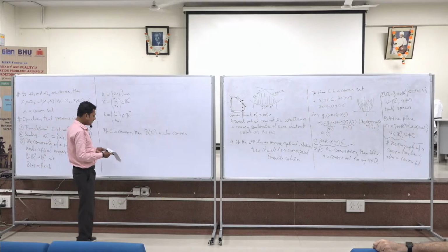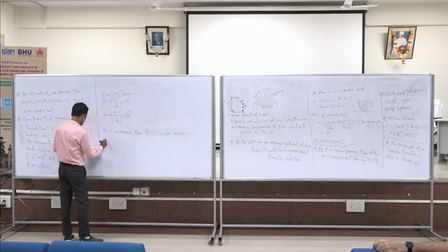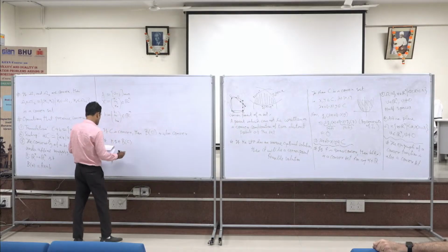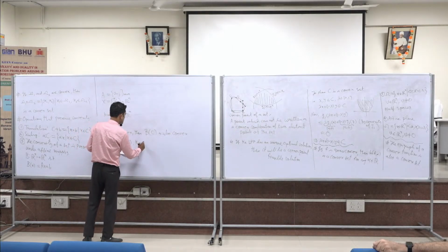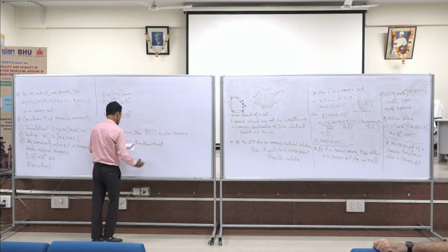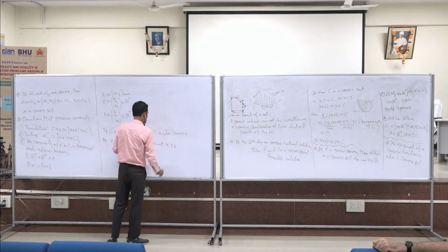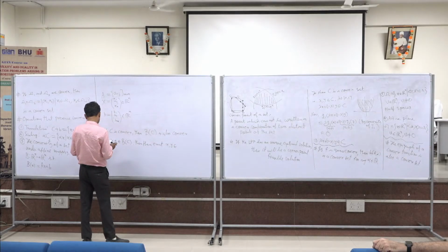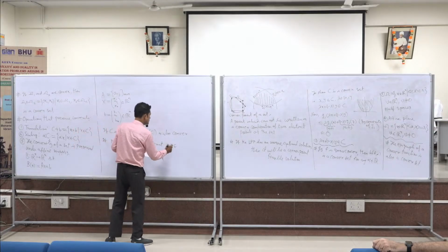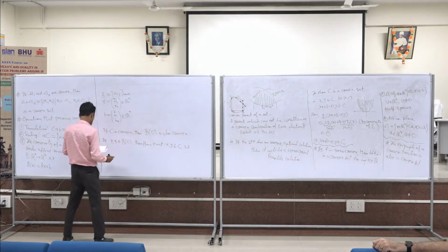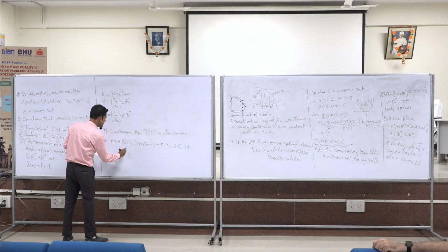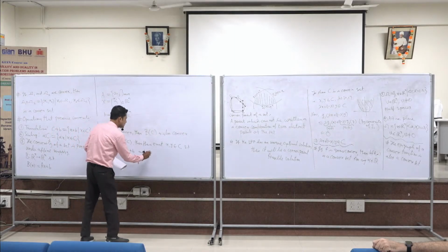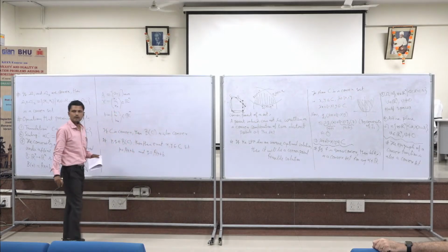So if P and Q belong to B of C, then there exist x and y in this set C such that P can be written as Ax plus b, and Q can be written as Ay plus b, right?